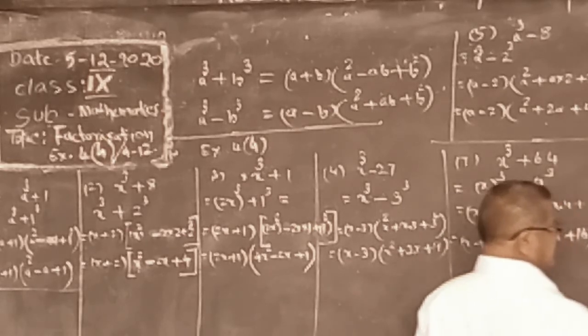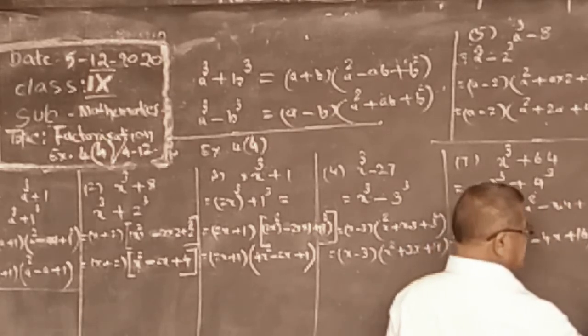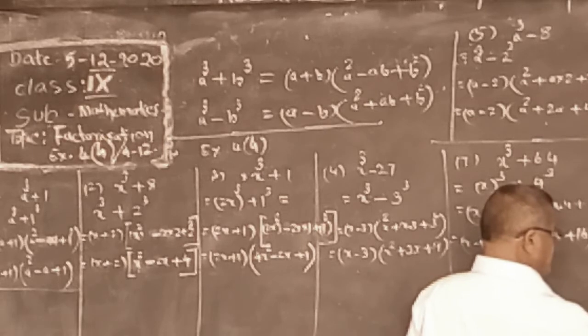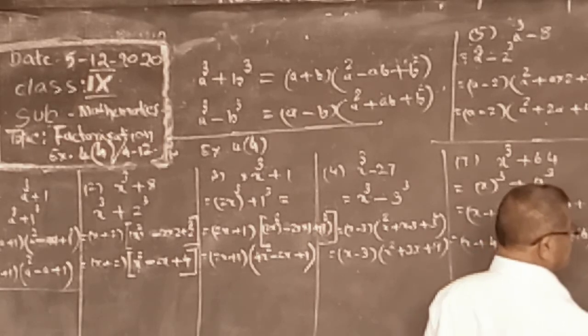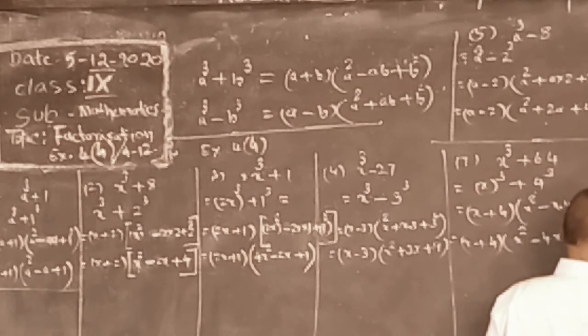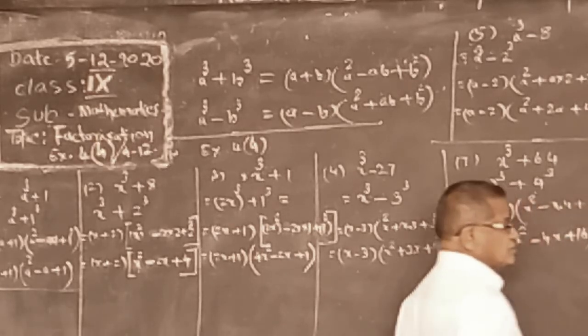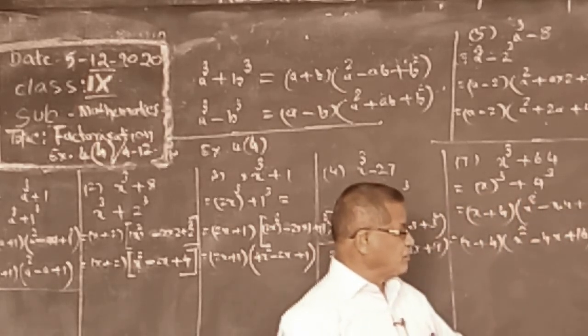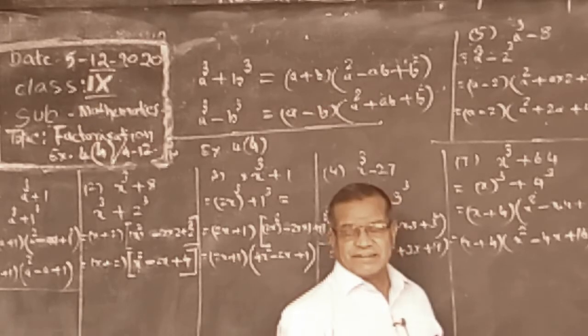Close the bracket. Now this is (2a minus t squared) into (4a squared plus 2a t squared plus t power 4). (t squared) squared is t power 4. These are the factors.